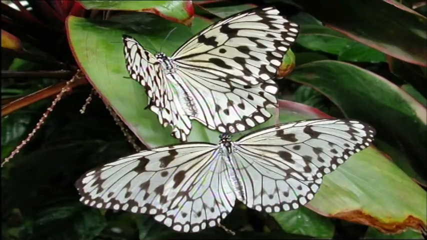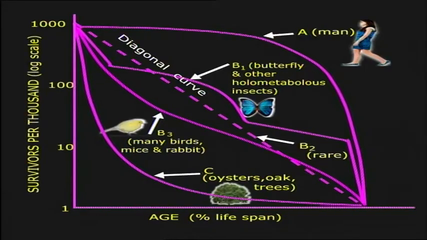Still, in some insects such as butterflies, there is expected generally a stair-shaped type of curve as shown in curve B1. According to Sarukhan and Harper, the survivorship curves in plants may also be found. Thus, we can say that life tables in terms of survivorship curves can be considered as major characteristics in understanding population ecology.